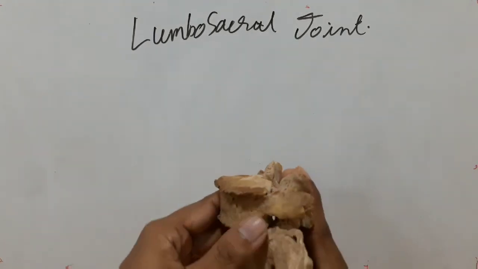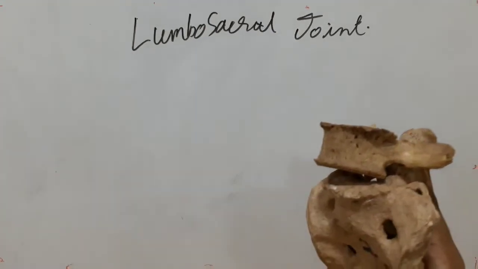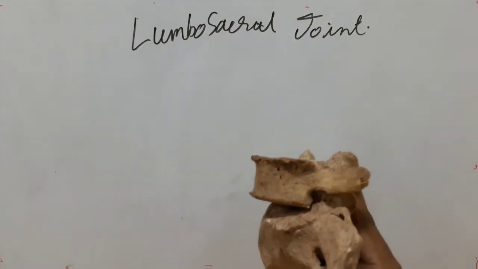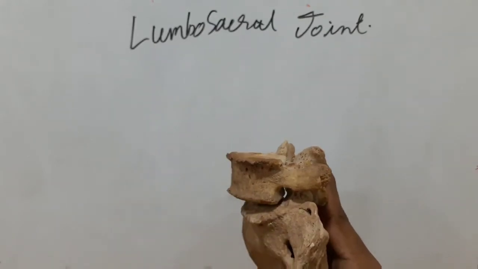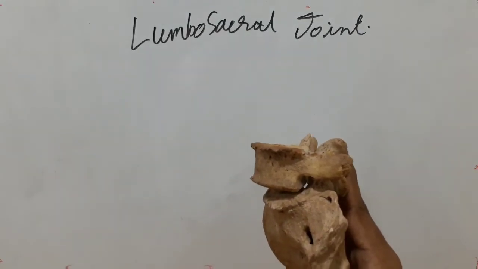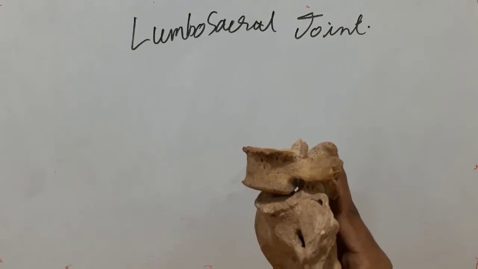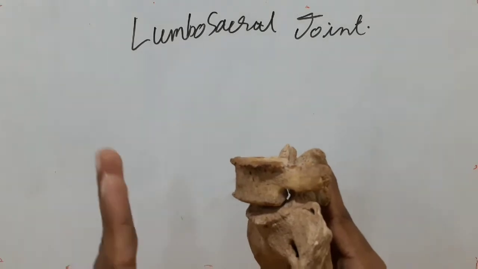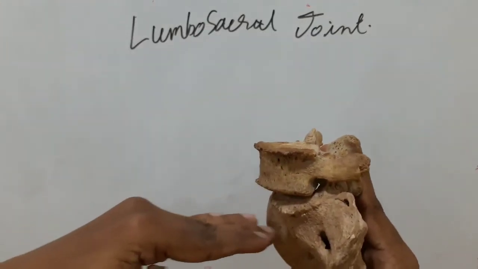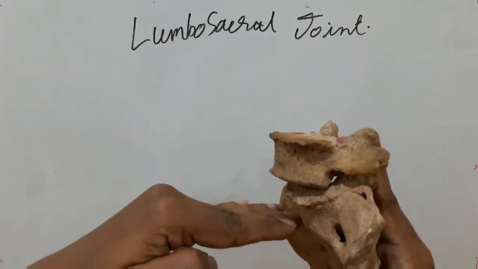What else do we have here? Yeah, the only important thing you have to remember in this lumbosacral joint is the lumbosacral angle. What is the lumbosacral angle? This is vertical, this is horizontal, transverse.